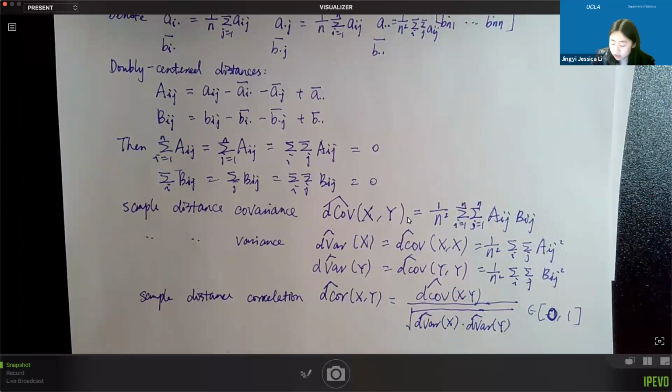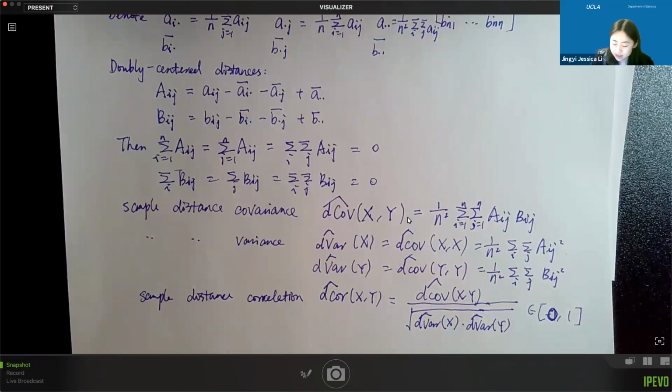So essentially, you see that we don't use the original data directly. Instead, what we do is convert our data into pairwise distances between x1 to xn and pairwise distances among y1 to yn. Then we take those two sets of distances to come up with a measure. How do we interpret that?